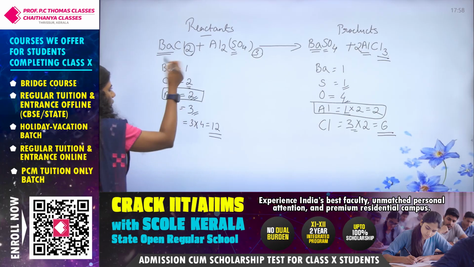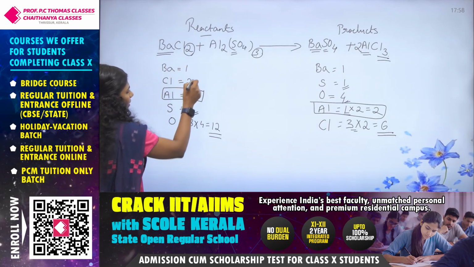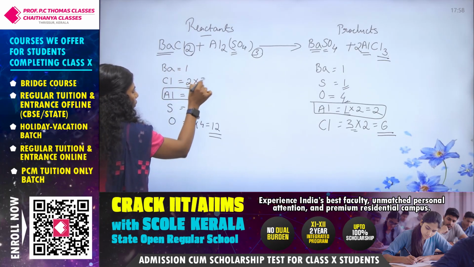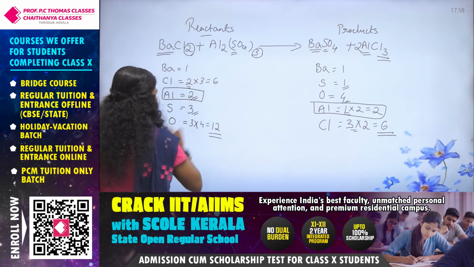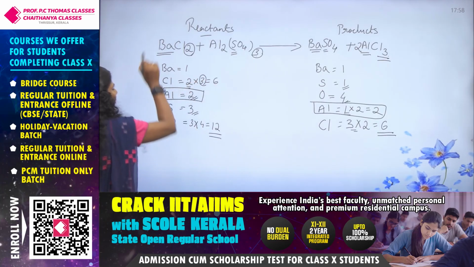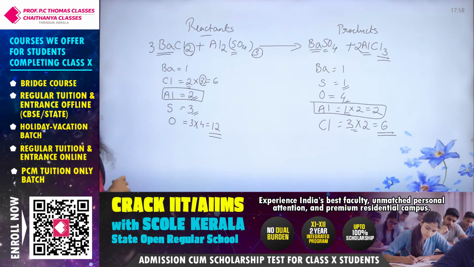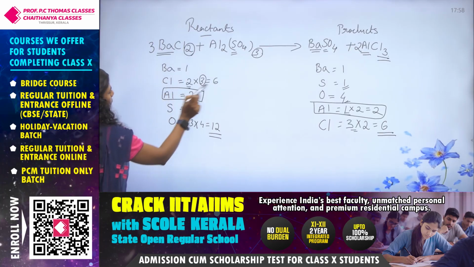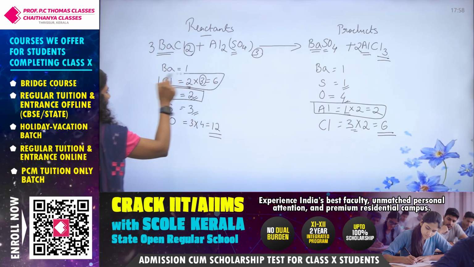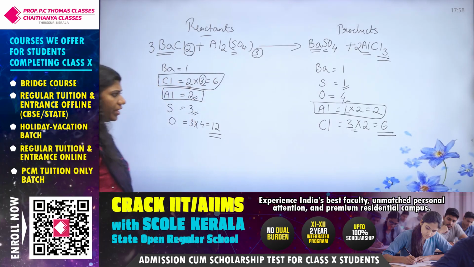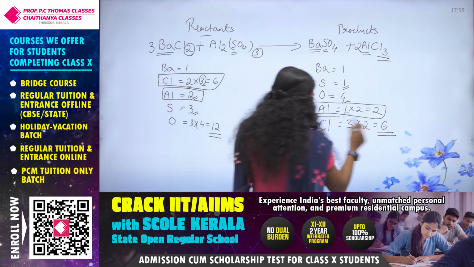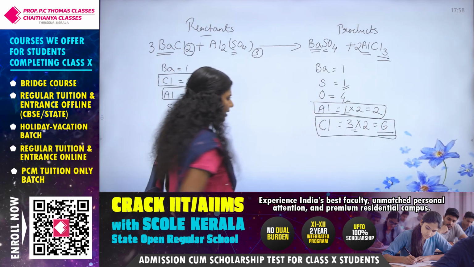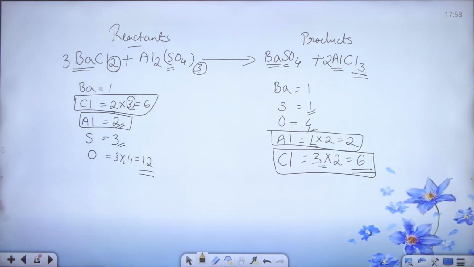So 2 must change to 6. How to change? 2 into 3 is equal to 6. So I will put 3 here. In 3 BaCl2, the number of chlorine atoms is 3 into 2, 6 chlorine atoms. On the reactant side there are 6 chlorine atoms, and on the product side the number of chlorine atoms is also 6. So chlorine is balanced.